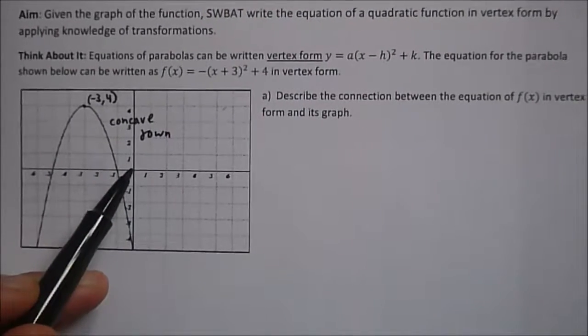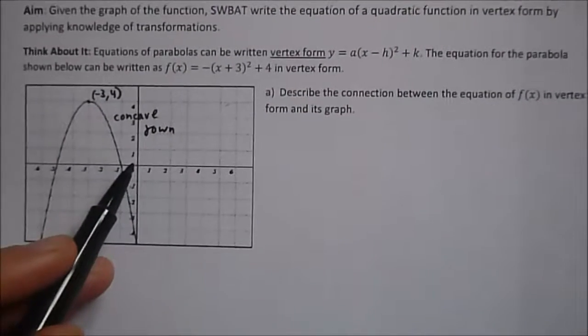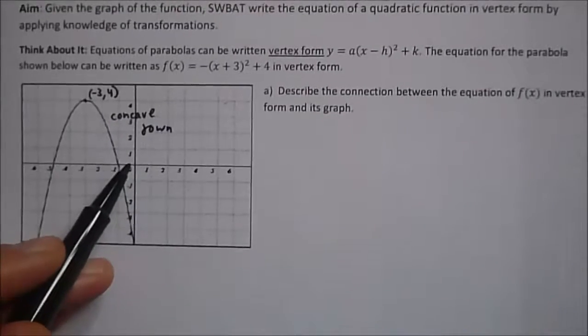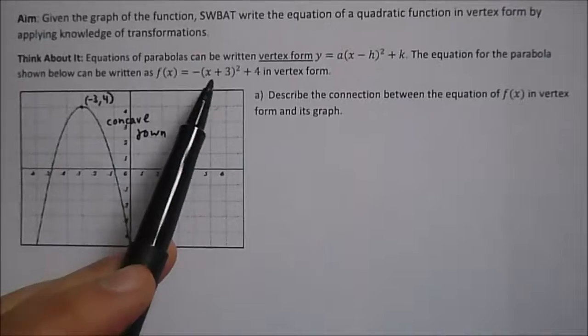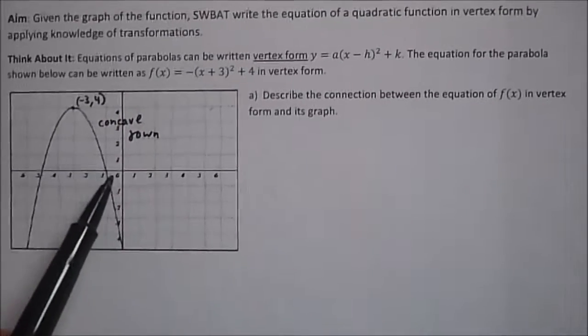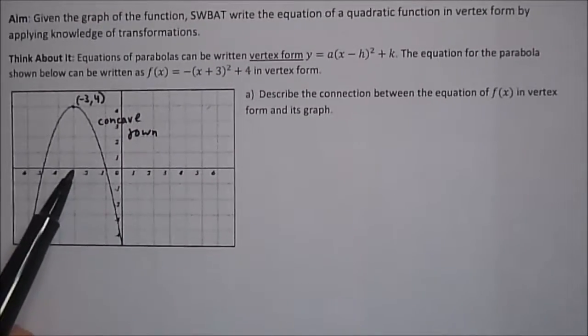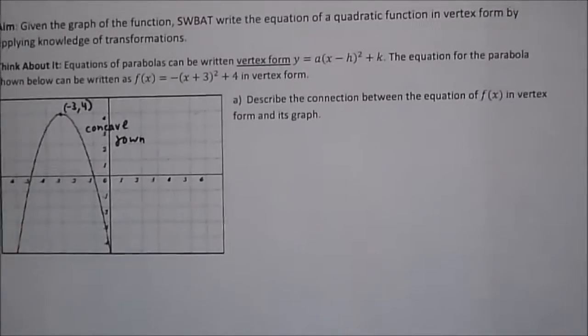The parent function for any quadratic equation, y equals x squared, has a vertex of (0, 0). And in order to get to this transformed equation, negative (x plus 3) squared plus 4, we had to do a translation of 3 units to the left and 4 units up.